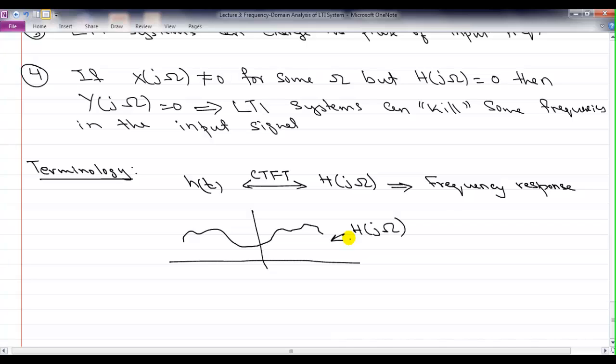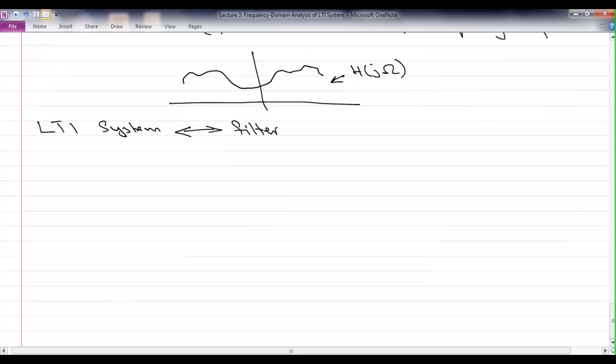The other thing is, LTI system or filter, we use these two terms interchangeably. Sometimes we call it filter, LTI system, it's the same thing. Based upon certain characteristics of LTI systems or filters, they are given certain names. We'll study some of those names. The idea is leave most frequencies intact, kill other frequencies.